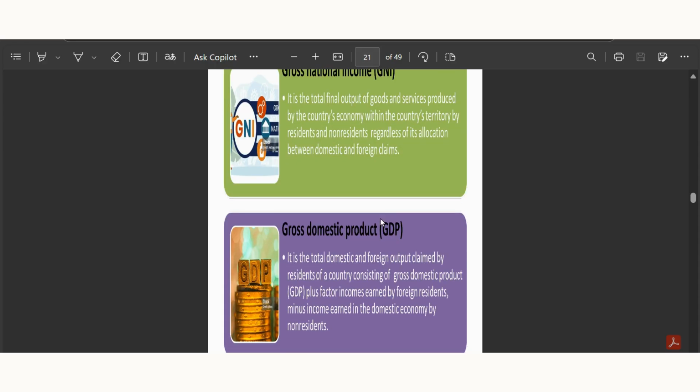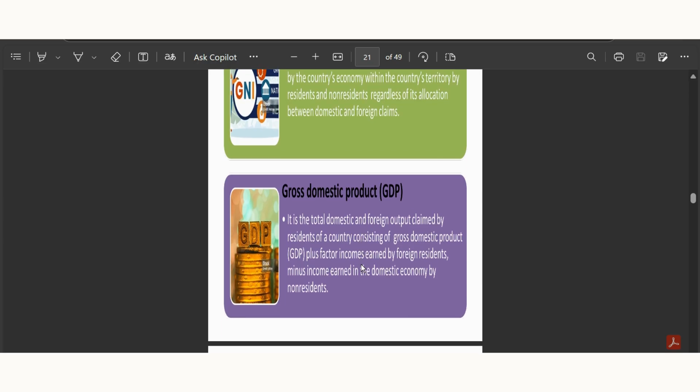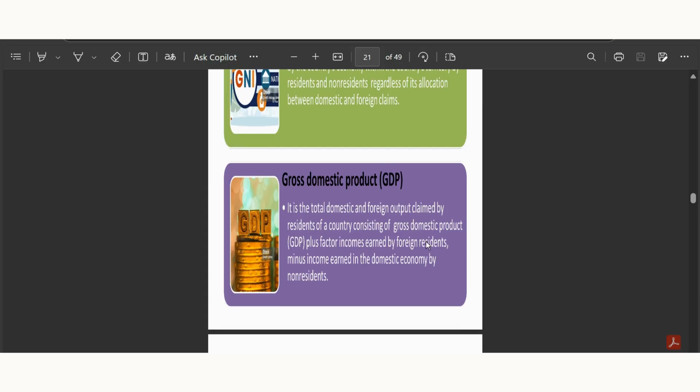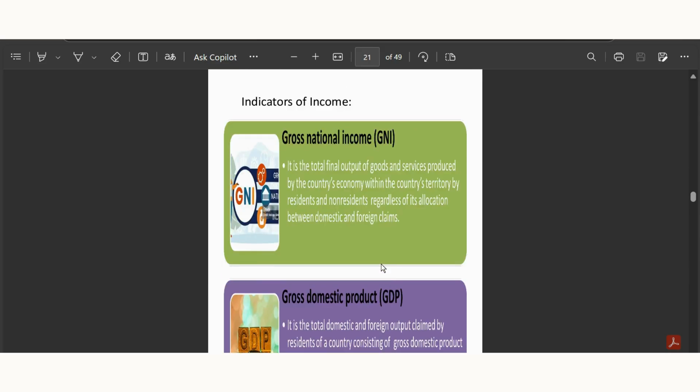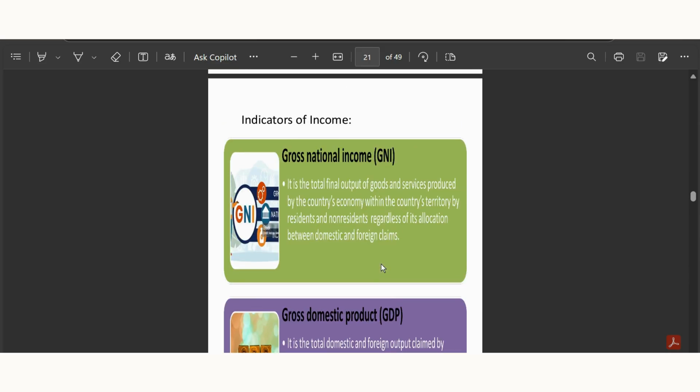Second, gross domestic product, or GDP. It is the total domestic and foreign output claimed by residents of a country, consisting of gross domestic product (GDP) plus factor incomes earned by foreign residents minus income earned in the domestic economy by non-residents. That was our indicators of income.